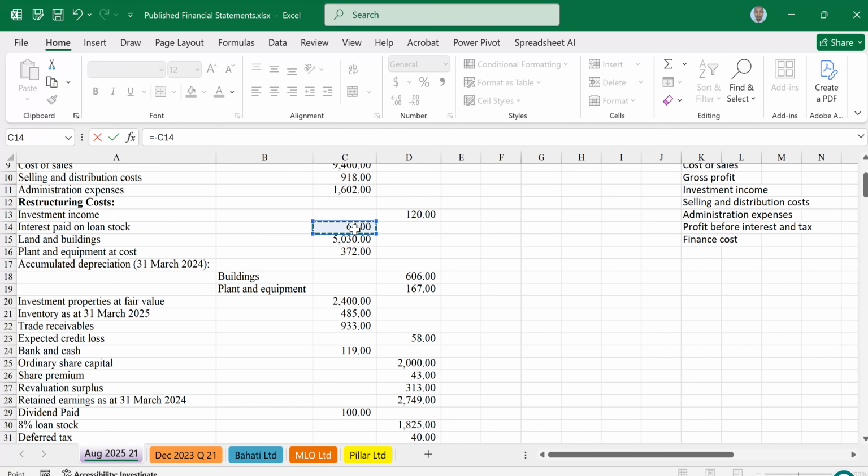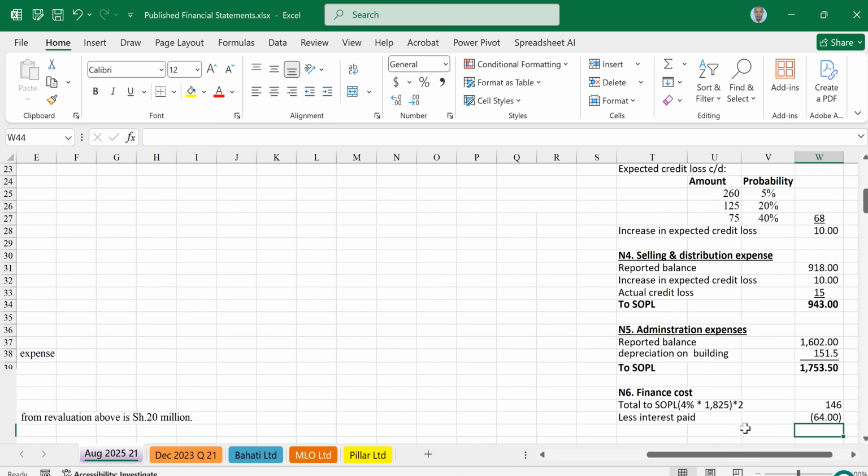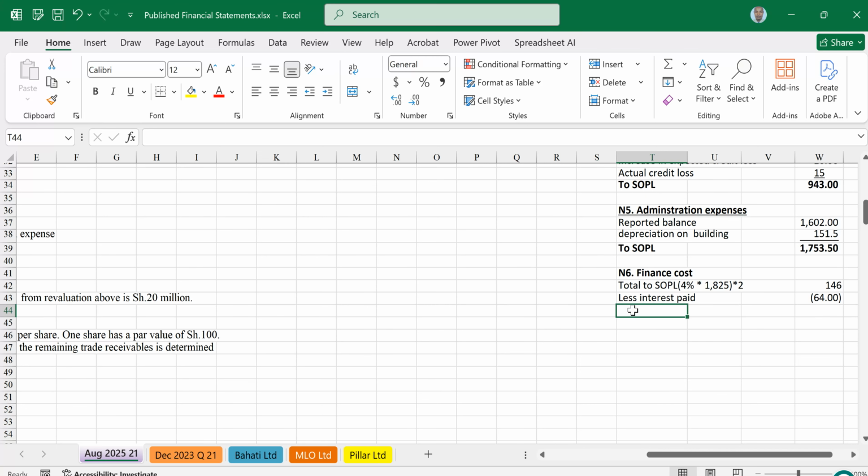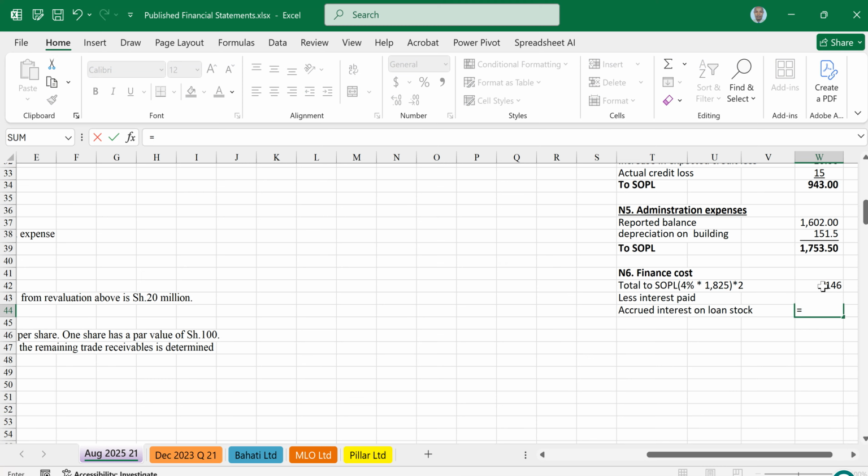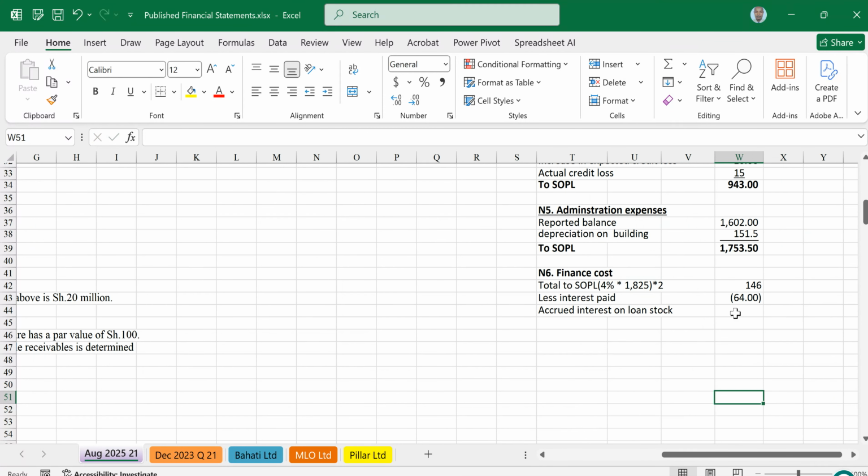So you are lessing the 64. That will give you accrued interest on loan stock. Accrued means the one that was not paid. Accrued interest on loan stock. So that will be equal sign, then 146 plus that other item.